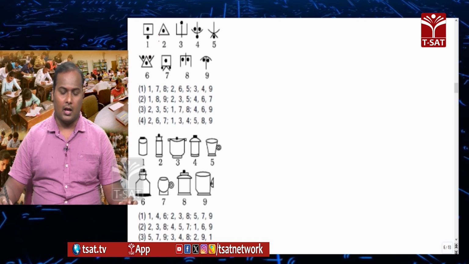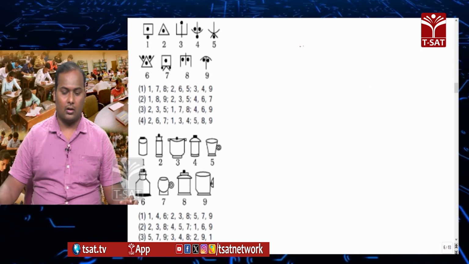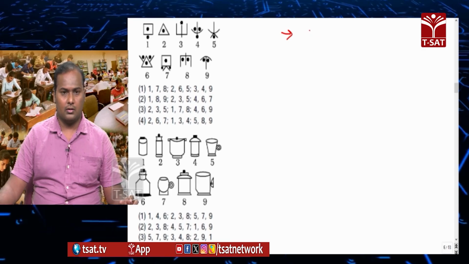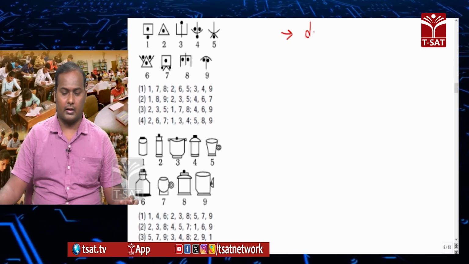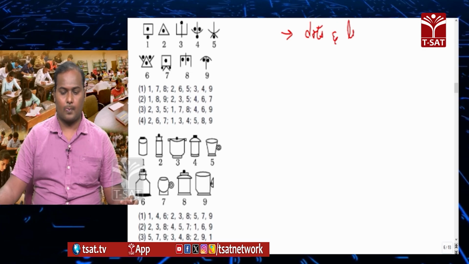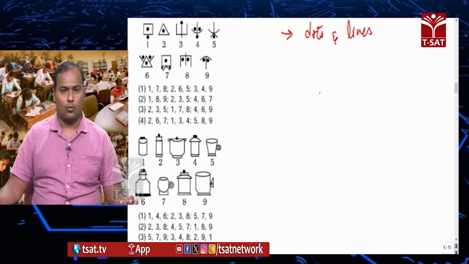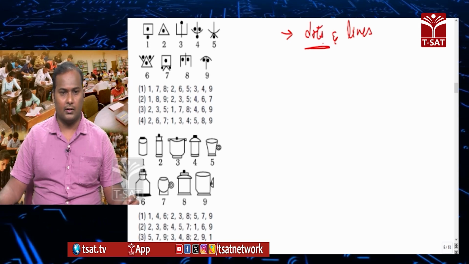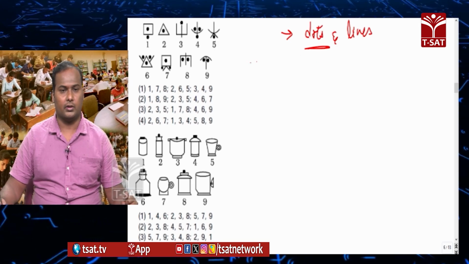So I can classify this particular question based on circles, or dots, and lines. But what I feel is, by seeing only dots you will get the answer in this particular case. So let's try to check it.